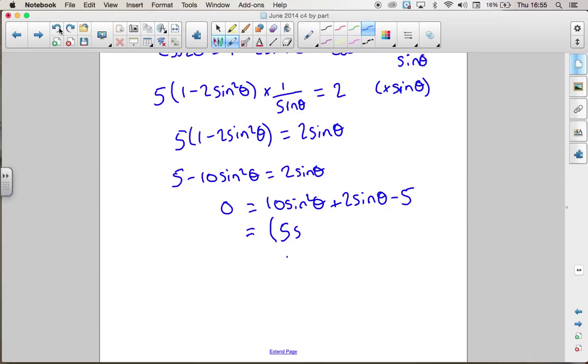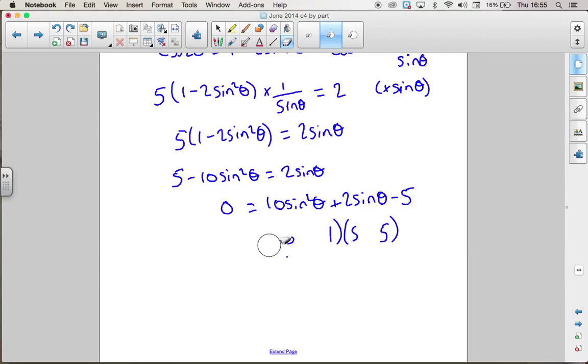I'm going to undo that and think of something else. The only other option is for it to be a 10 sine theta and a 1 sine theta. And again, if it is, that would be a 5 here and a 1 here. That would give me like 50 sine thetas, so that's no good either. So I'm now thinking that this doesn't factorise.